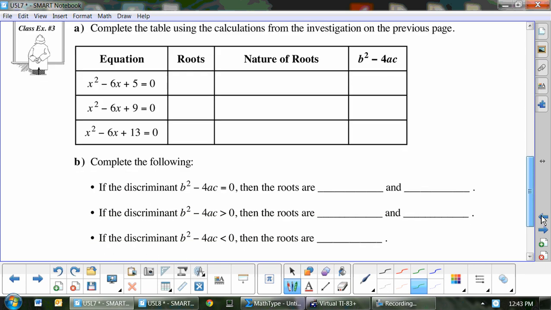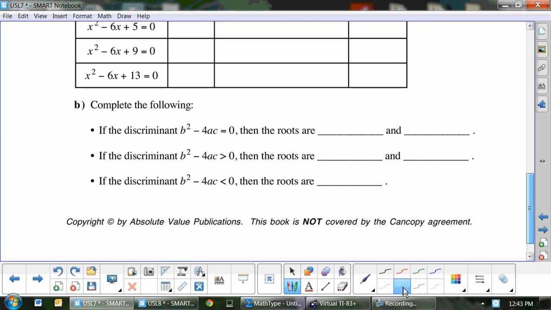Okay? So we're going to skip down to here. And this is going to be good study sheet notes. Okay? So when the discriminant is equal to 0, we say that the roots are real and that they're equal. So this is like example 2 where both of the roots were equal to 3. If the discriminant is greater than 0, so it's a positive number, we say it's real and unequal.